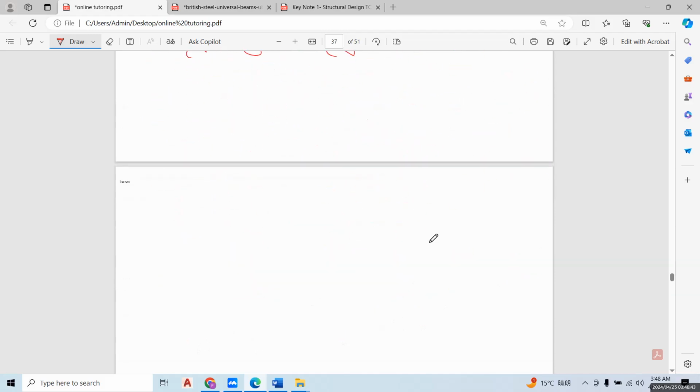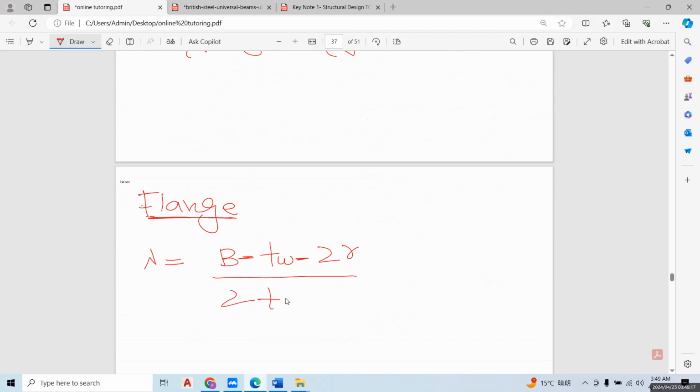Now these are just the steps, brother. Now you have to check in which section your flange lies, and then check in which section your web lies. The formula for the flange is lambda equal to breadth minus thickness of web minus 2r, divided by 2 times thickness of flange.